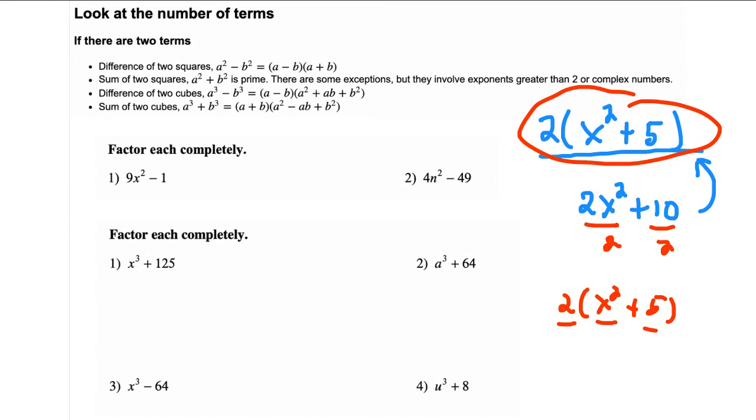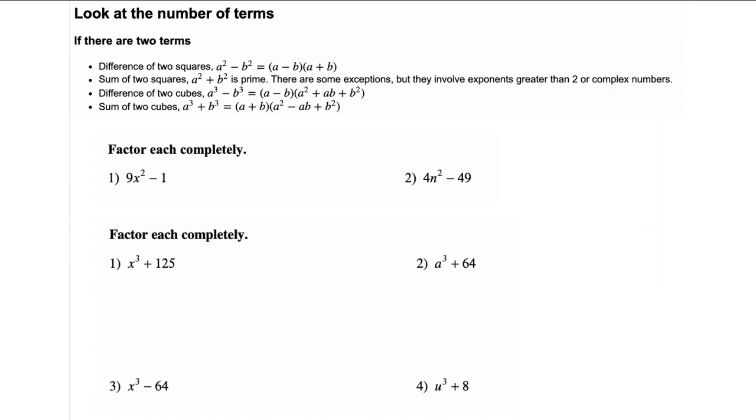And then the next thing that you have to look at is how many terms there are. So today we're going to look at 2 terms, we're going to look at 3 terms, and we're going to look at 4 terms. Okay? So there are these types of problems that you have to be able to factor. If it's 2 terms, it's either the difference of 2 squares.